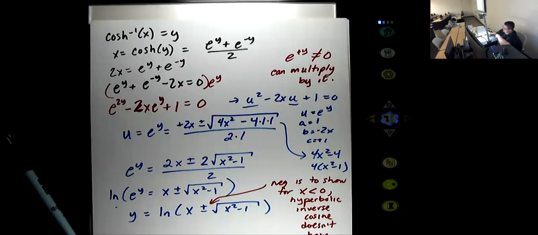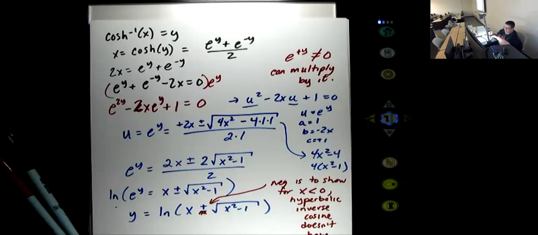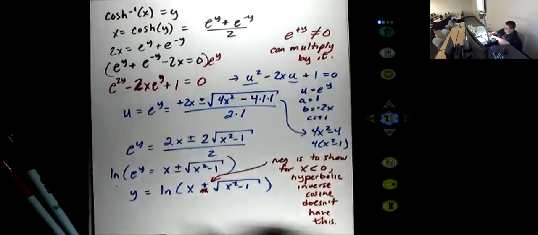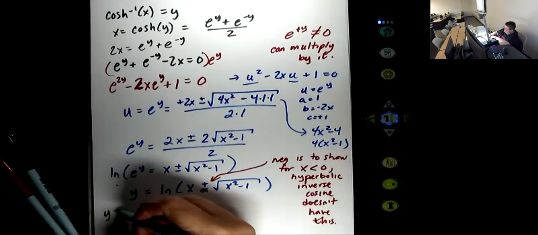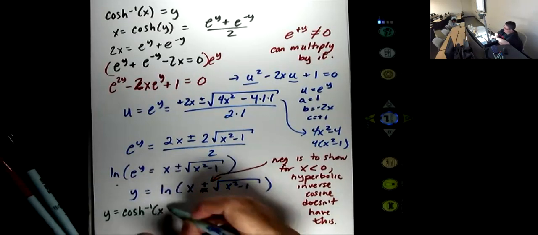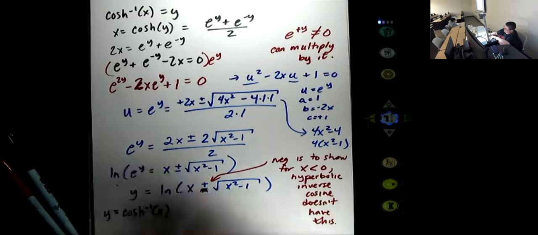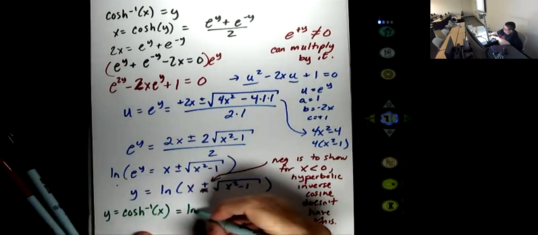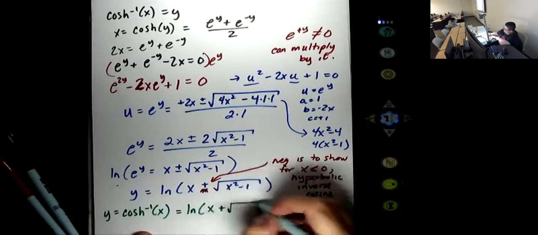So we get rid of the minus sign. And what we end up with is y, which equals hyperbolic inverse cosine of x, can be written as the natural log of x plus the square root of x squared minus 1.